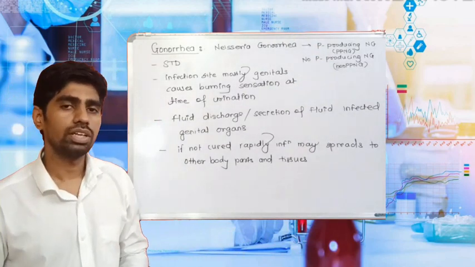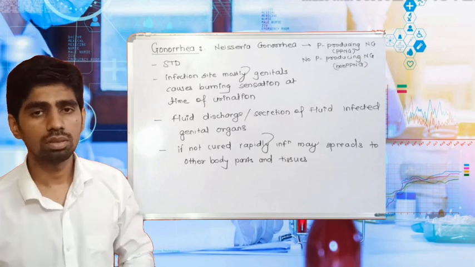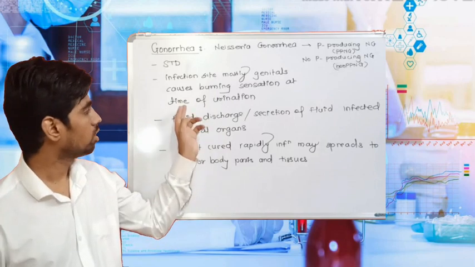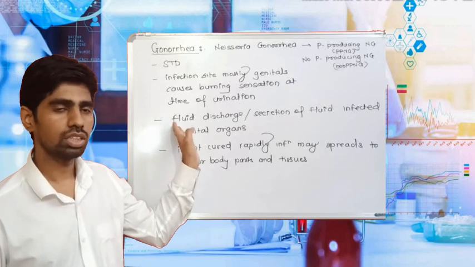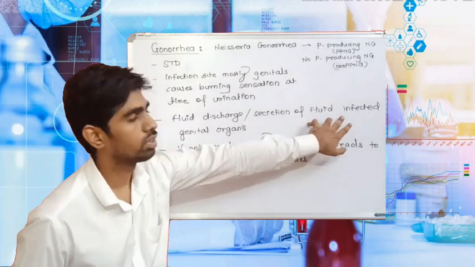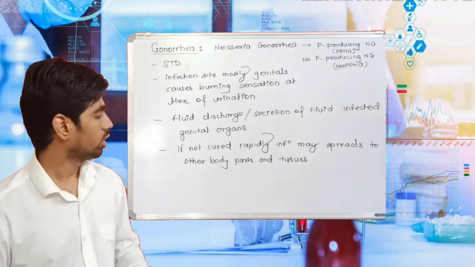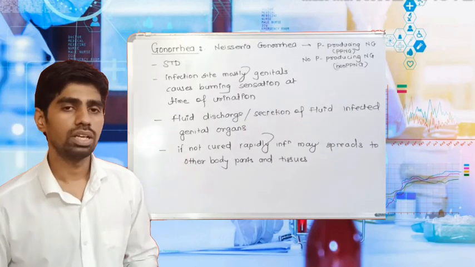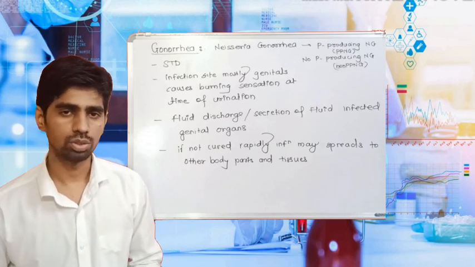The infection site is mostly the genital organs. It causes a burning sensation at the time of urination, and fluid discharge from the infected genitals is a symptom. If not cured rapidly, it may spread to other body parts or tissues.